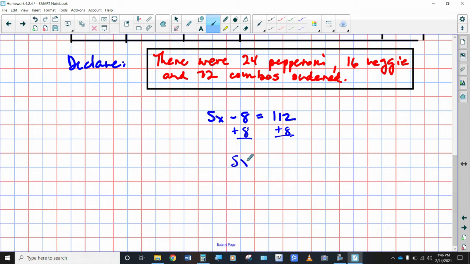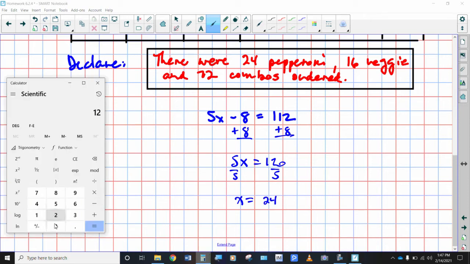So 5x's must have been equal to 120, because 120 minus 8 is 112. Now we will divide by 5, because if 5 times x equals 120, then 120 divided by 5 will tell us what our x is. And it turns out 120 divided by 5 ends up being 24. So we prove it. 120 divided by 5 is 24.